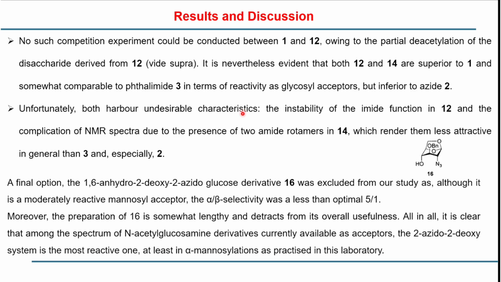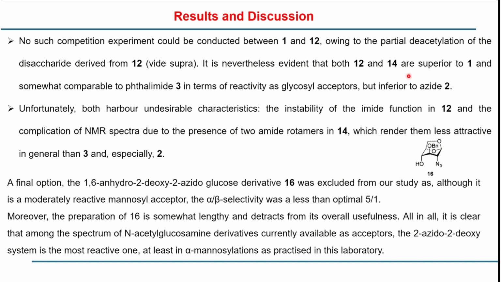So they compared only acceptor 1 versus 14, and found that 12 and 14 are superior to 1, and comparable to the phthalimide acceptor 3. But in terms of the azide acceptor 2, those were inferior.